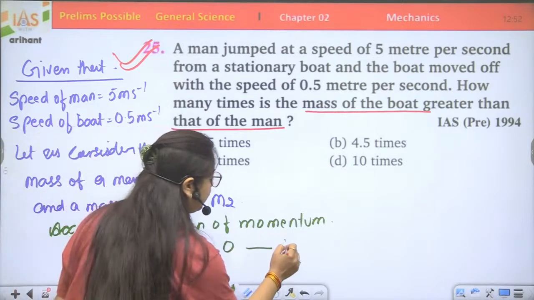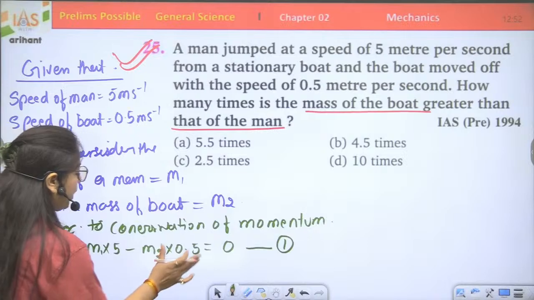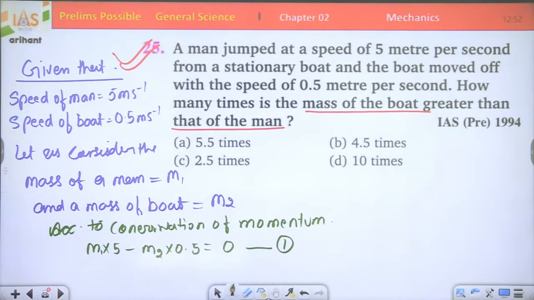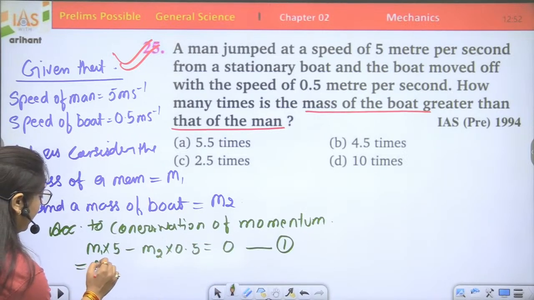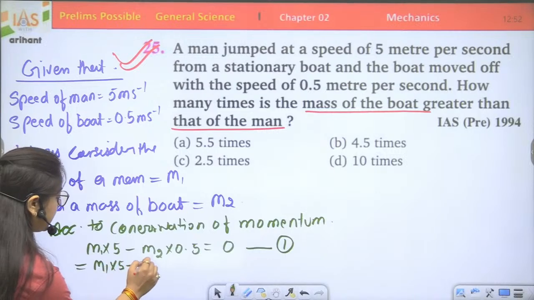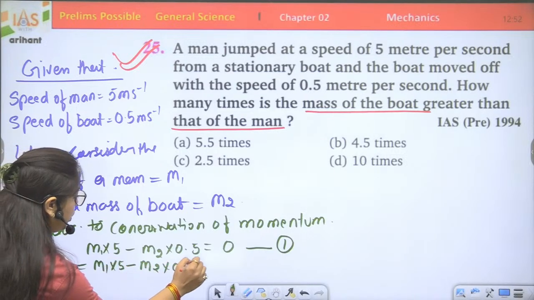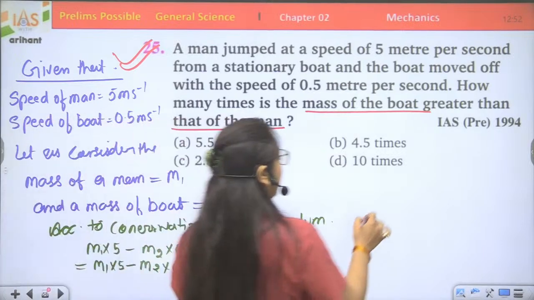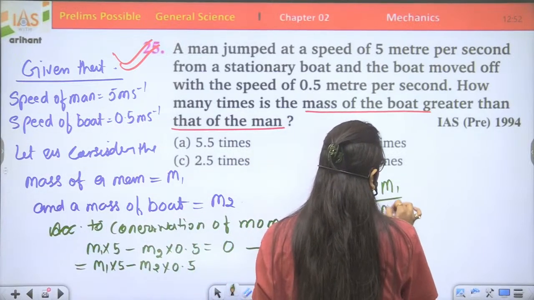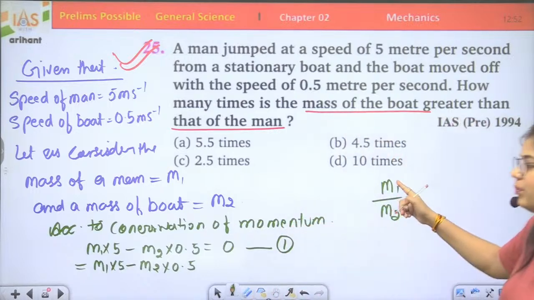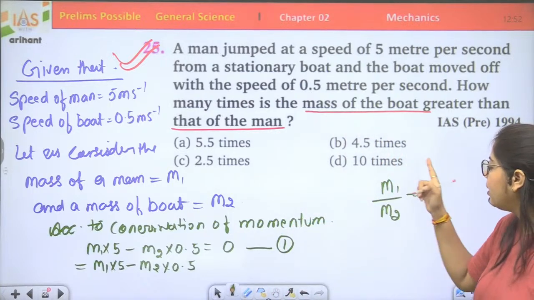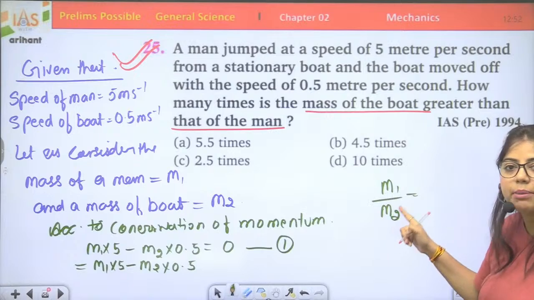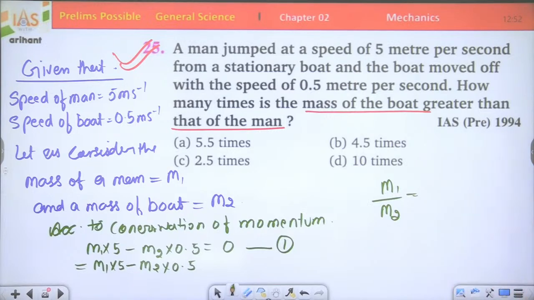This is our first equation, and now we are going to solve this equation. That means m1 into 5 equals m2 into 0.5, right? So now we take m1 upon m2. m1 is the mass of the man and m2 is the mass of the boat, right?